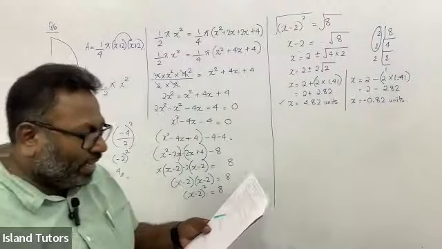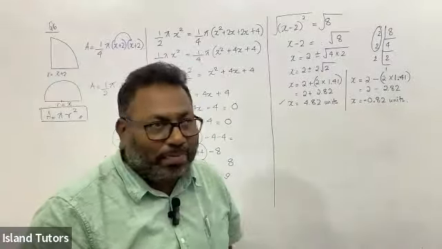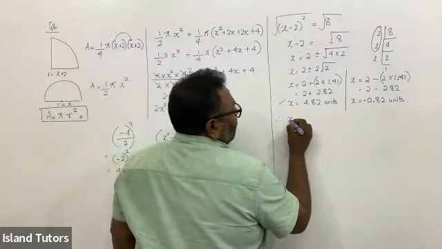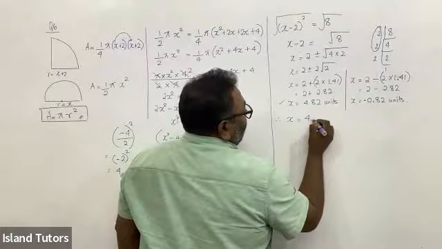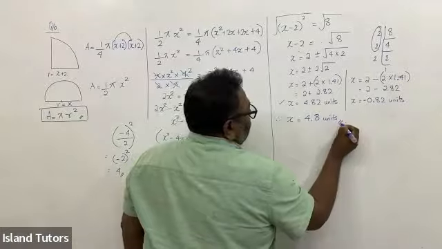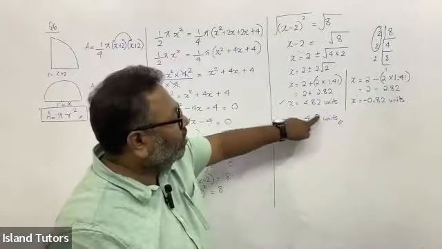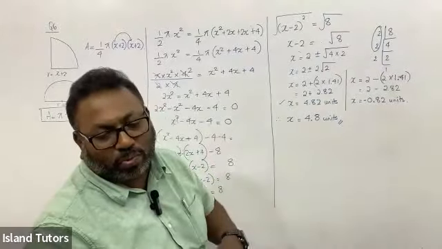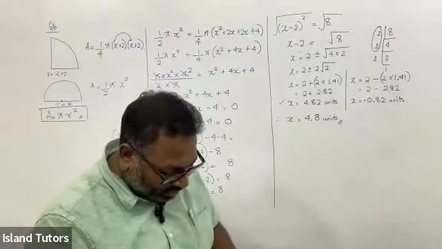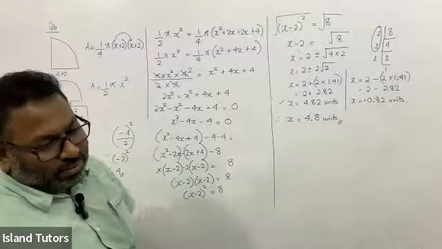So your value of x is 4.82 centimeters. They are saying find the value of x correct to the first decimal place. So therefore you can say x is equal to 4.8 units. Why? 2 is less than 5, so you can round it off to 4.8 units. Okay. So that's your answer for question number 6.